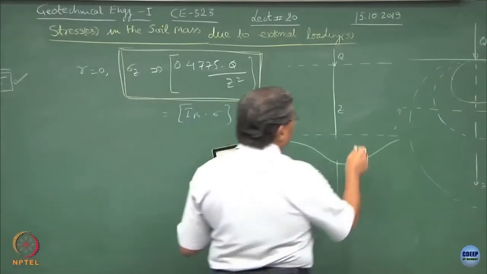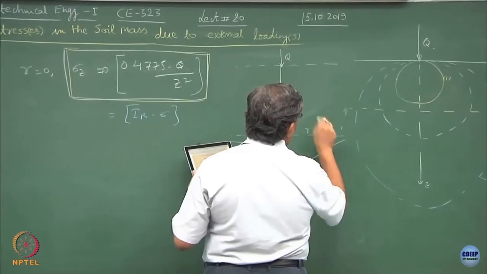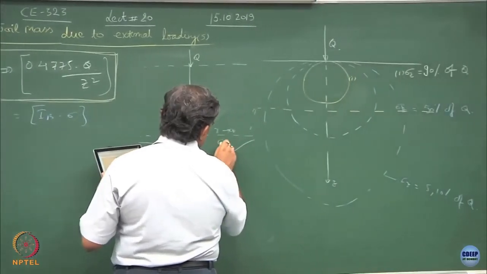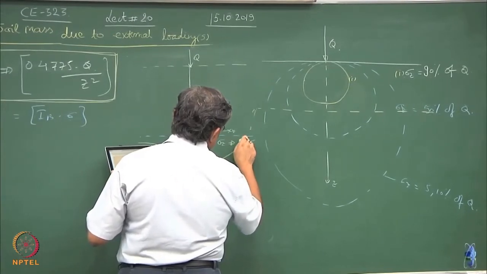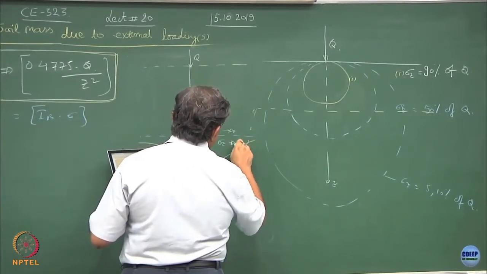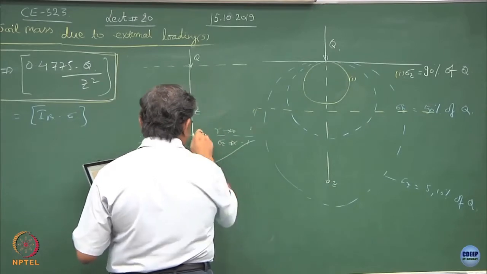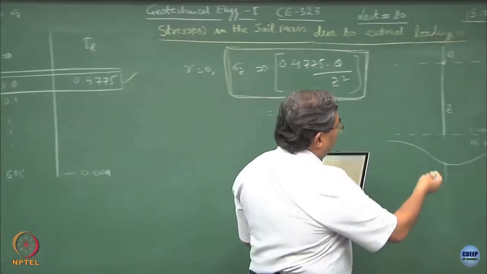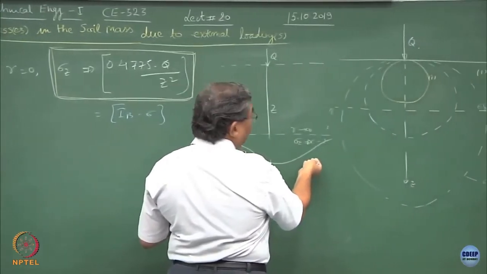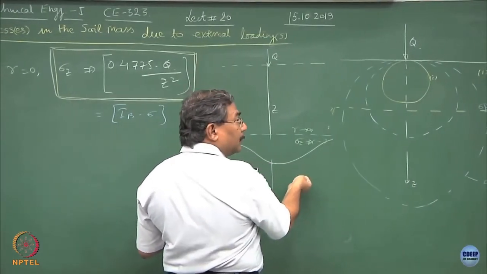So, the moment R tends to infinity, what happens to your sigma Z value? This tends to some constant value at this plane, otherwise this is going to be the maximum value. So, this is the pressure distribution in the horizontal plane.